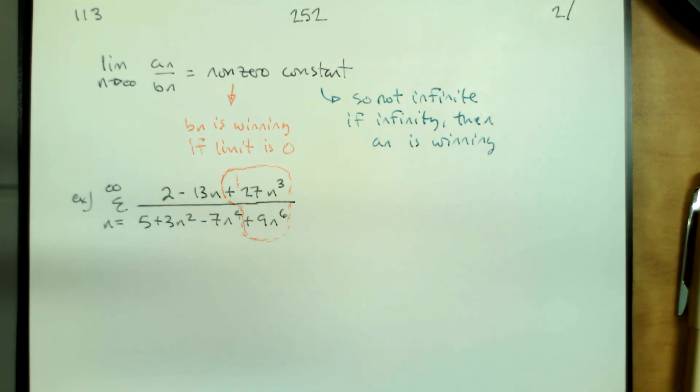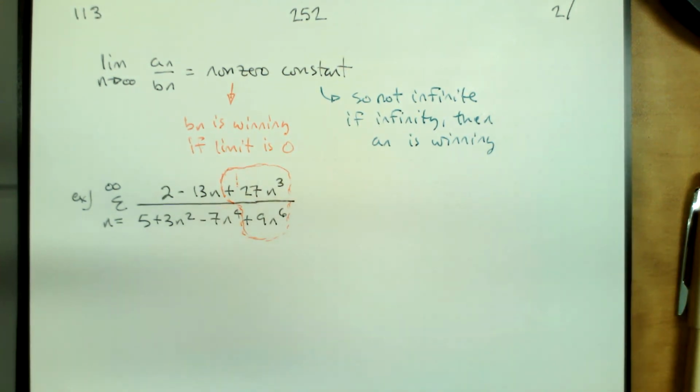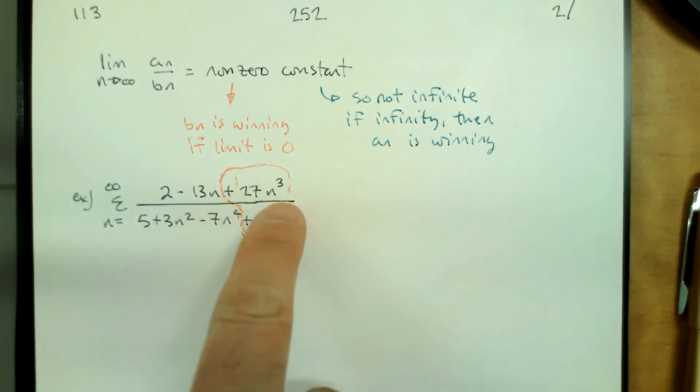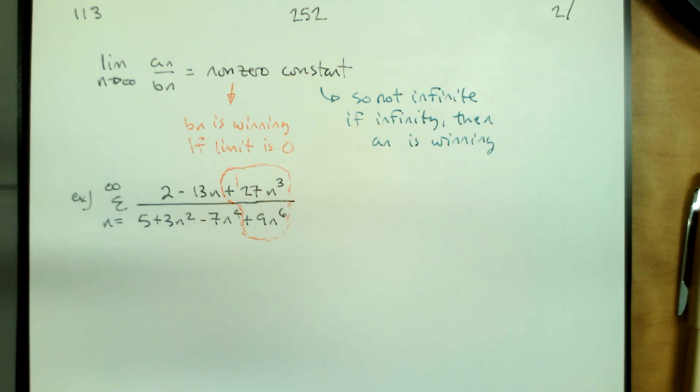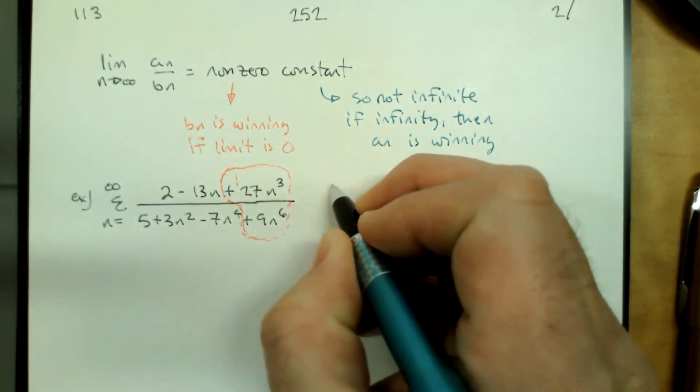That's 1 billion cubed. 1 billion is 10 to the 9th, so this is times 10 to the 27th. So that it doesn't matter. The dude with the times 10 to the 27th dollars laughs at everybody who calls themselves a billionaire. This is nothing. The only terms that matter when n is large are n cubed on top and n to the 6th on the bottom. So we know right away that this converges.